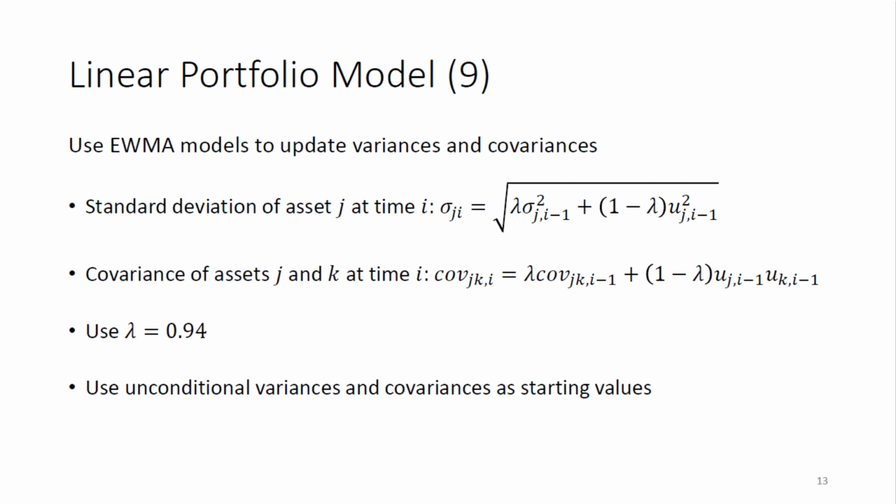You could also set other values, even 0, but it means that the recursive scheme needs a couple of months to get updated before the numbers become accurate. So very often we simply set the unconditional variances and covariances, to at least start at a level that is the average regime case.